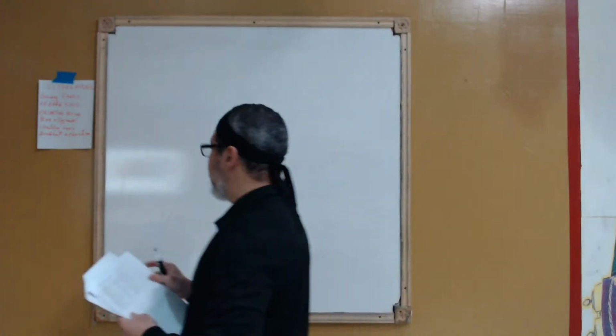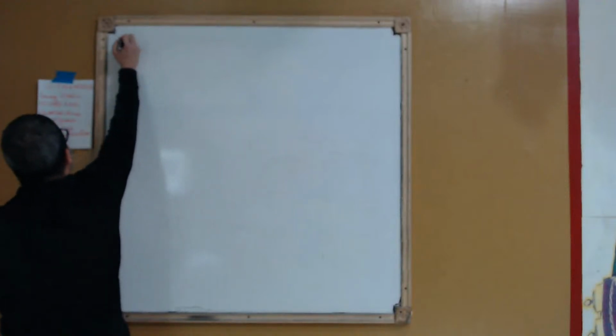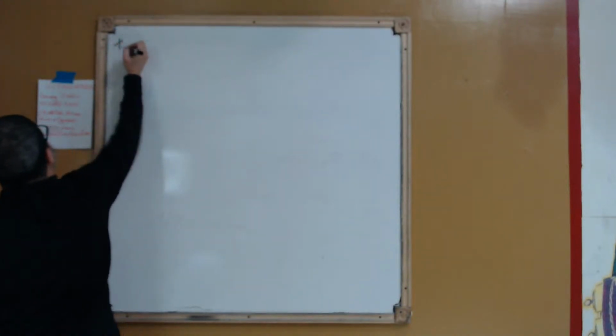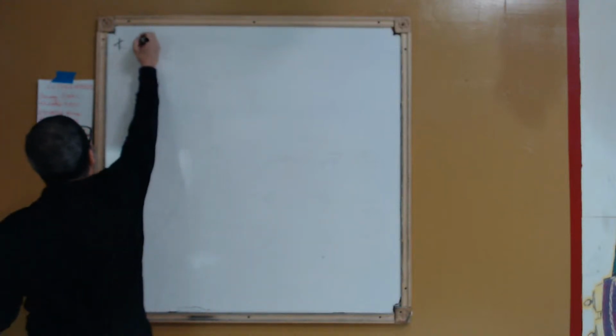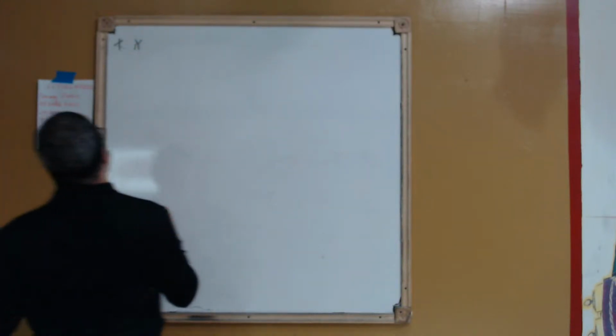So the first character in the ancient is the ah. Okay. And then the Assyrian is the ah there.